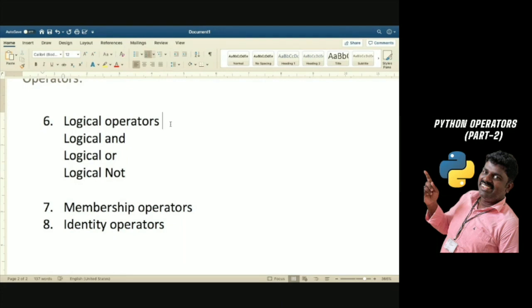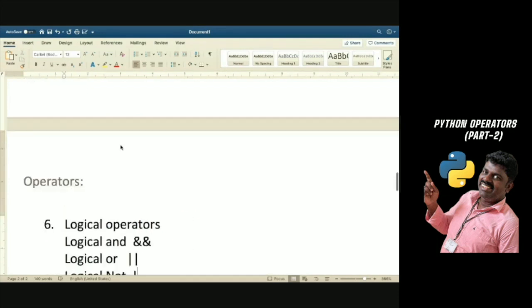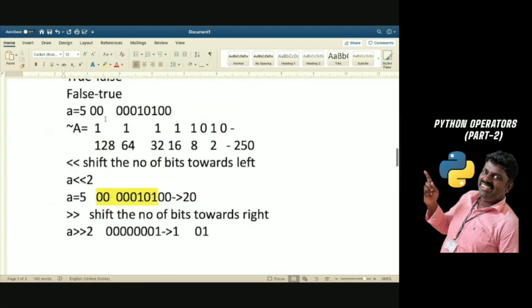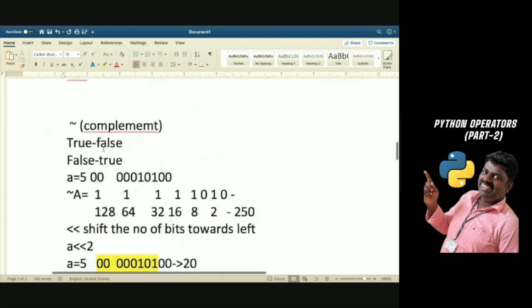In logical operators you will use the symbol double ampersand for logical and, double pipe for logical or, and the exclamation mark for not. That is the symbol. What is the difference between this logical and the simple and? Simple and here.